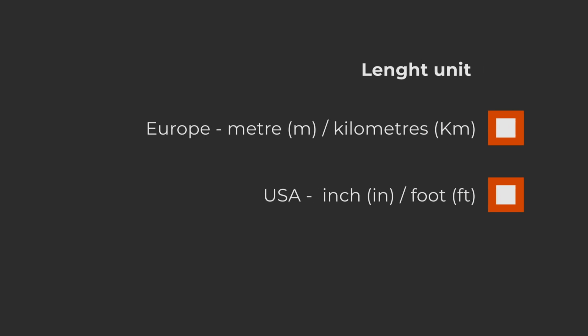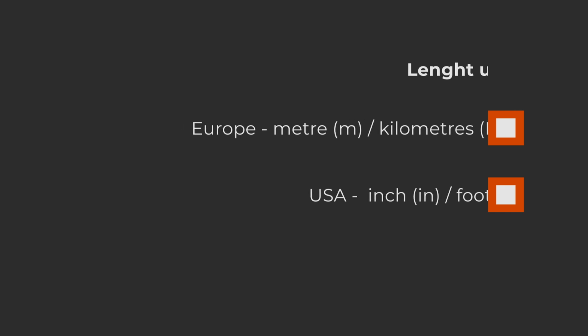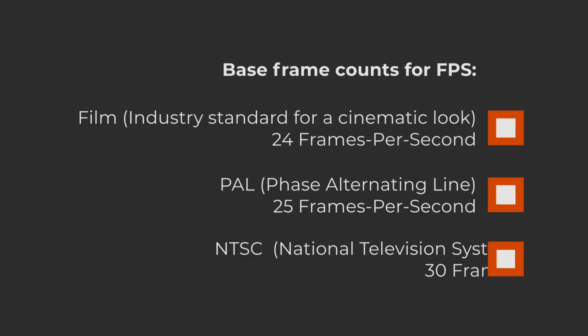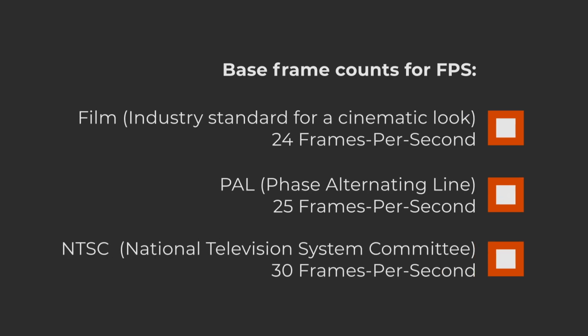For example, in Europe we use meters for distance, and in the USA they use a different kind, for example inches. This difference can also be found in animation. And to create one second, usually we need 24, 25, or 30 images.